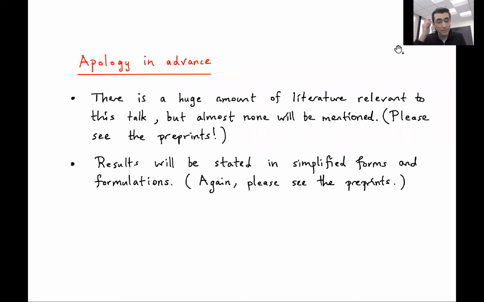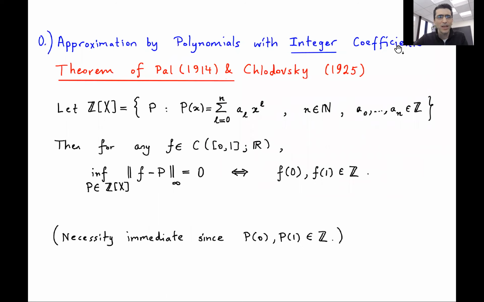Also, in terms of the math that I will be presenting, I will be stating the results in simplified formulations. So apologies for any of the math looking sloppy at certain points. At least initially, I hope that won't be the case, but later on it will be a little bit like that.